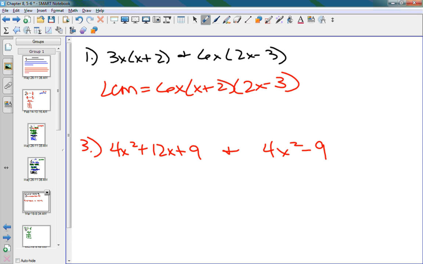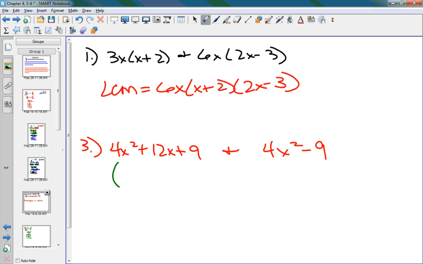Let's do it again. Number 3. That's all you have to do. What do I do with that? You have to put them into binomials. Why do I have to put them into binomials? Because I don't know what 4x squared plus 12x plus 9 is compared to 4x squared minus 9 unless I put them into binomials.